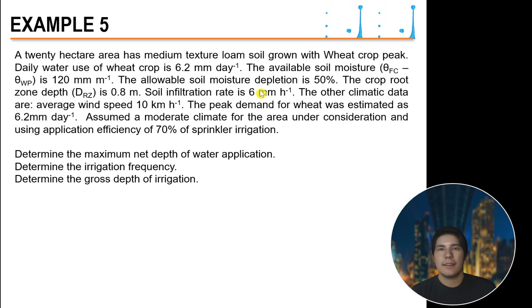The soil infiltration rate is 6 mm per hour, and the other climatic data: the average wind speed is 10 km per hour. The peak demand for wheat was estimated as 6.2 mm per day. Assume a moderate climate for the area under consideration and an application efficiency of 70% for the sprinkler irrigation. What is the maximum net depth of water application? What is the irrigation frequency? And what is the gross depth of irrigation?